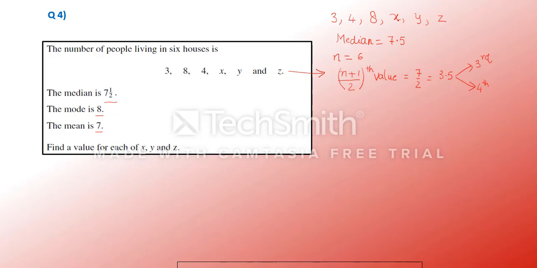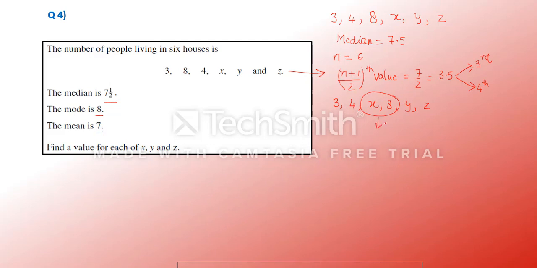This is possible only if the value of x is less than 8, which means I now need to rearrange my data and rewrite it as 3, 4, x followed by 8, and let y and z be at the same place. I know that the median is going to be the mean of these two values.